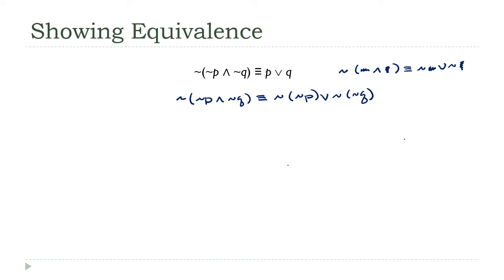Now you remember from the list we saw, the double negation property says that not not P is just P, and not not Q is just Q, and that's what I wanted. Right? That's the second side here. So I have shown that the left side is equivalent to the right side very quickly. I mean, I can knock out a truth table pretty quickly, but not as fast as that.